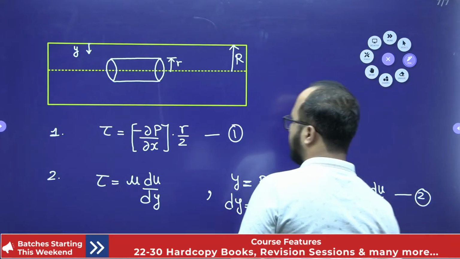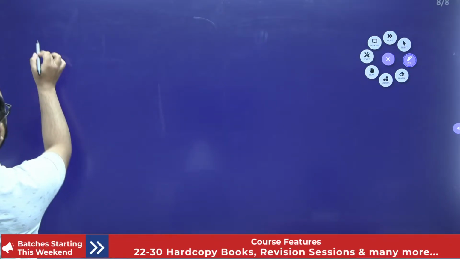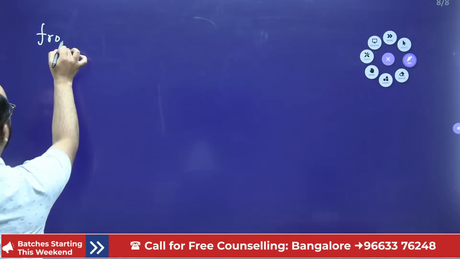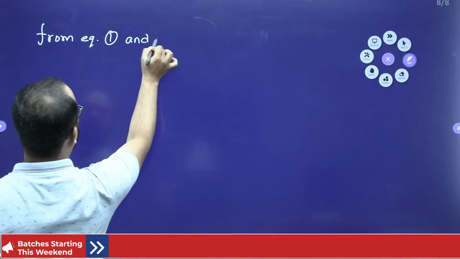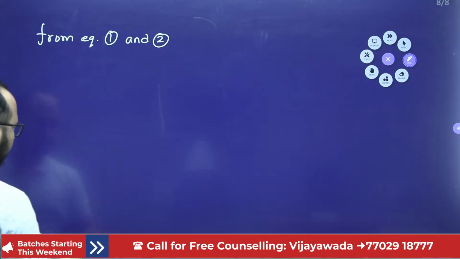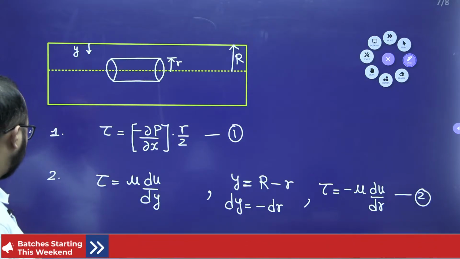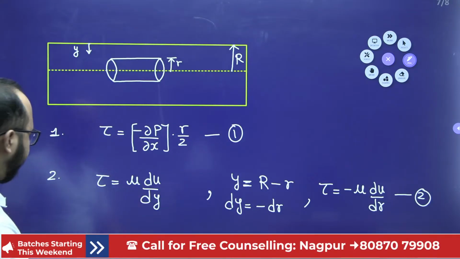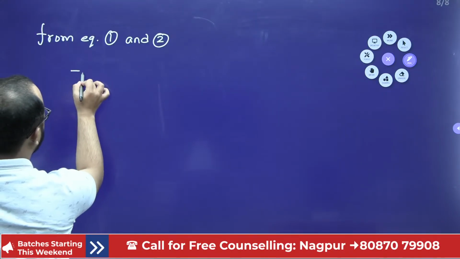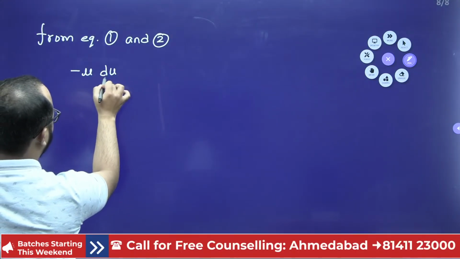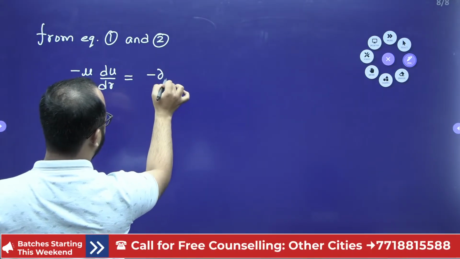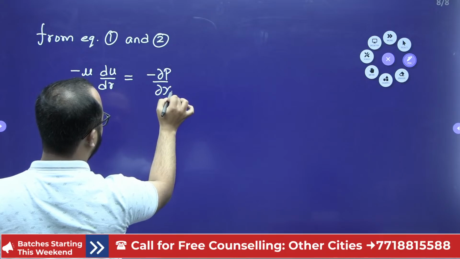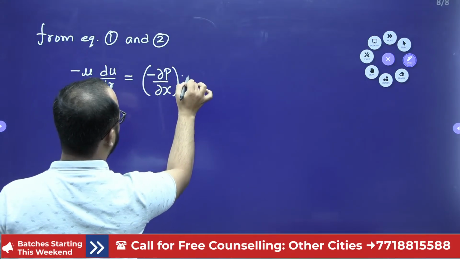Now, using equations 1 and 2, what will I write here? Minus mu du by dr equals minus dou P by dou X, that is the pressure gradient, into small r by 2.